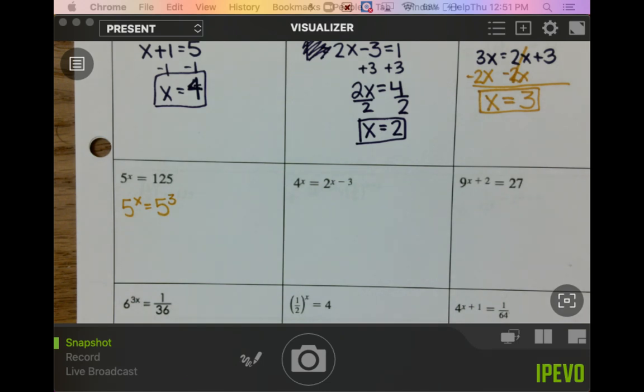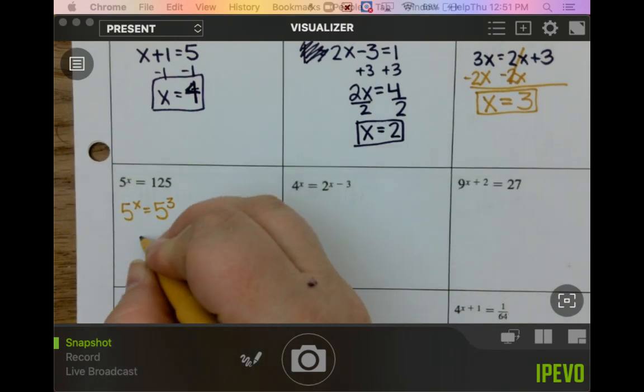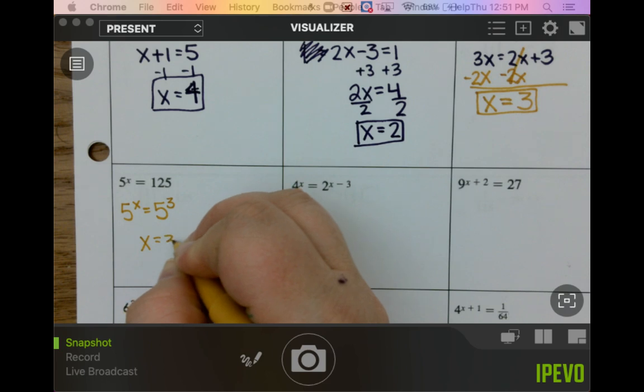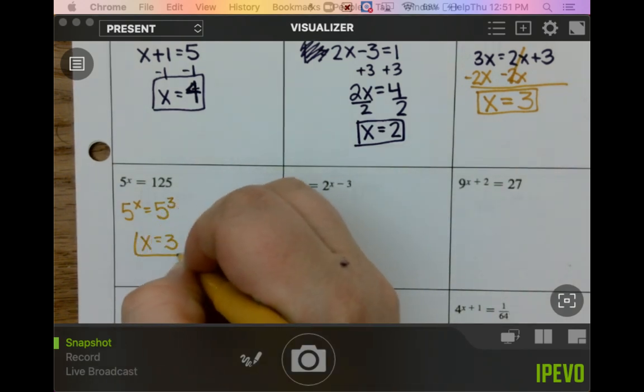I probably won't give you any exponents that are higher than 5. And now they both have 5s down there, so it's just x equals 3. And it's not canceling an exponent out, it's more just like we're ignoring the bases for a second. And that's your answer.